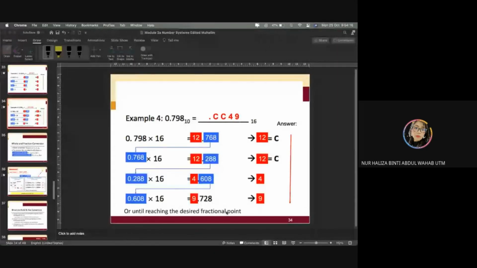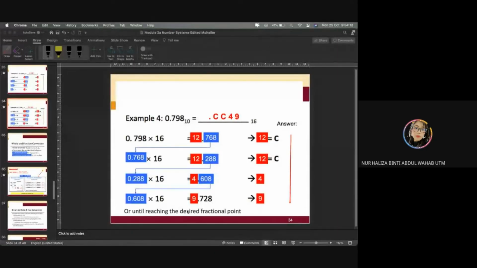4 fraction points, then after your point, you're going to have 4 numbers. If let's say 5, then you have 5 numbers after your point. So this is your desired fraction point.